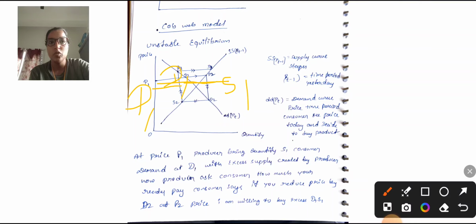Now the consumer says, I am going to buy at the D2 price. If you want me to buy your excess supply S1, you have to sell your quantity to me at the D2 level, at price P2.